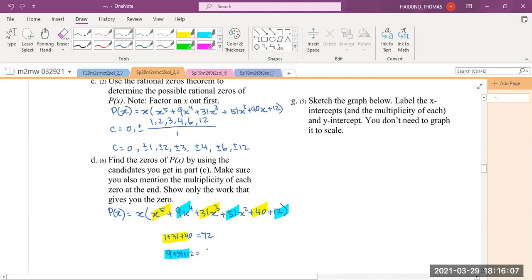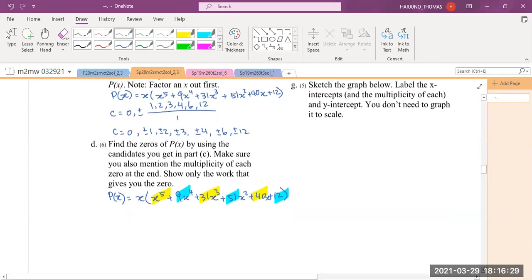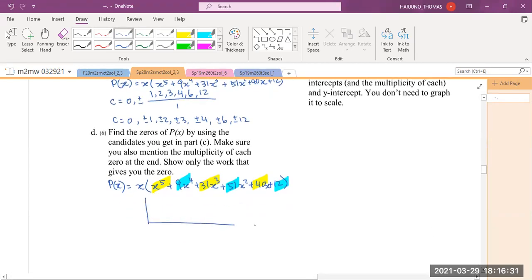Is it 72 also? Yeah, that's 72 also. When I say alternating terms, I mean the sum of the coefficients of odd exponents and the sum of the coefficients of even exponents should be the same. From there we see they are the same, both 72. So negative 1 must be a 0.